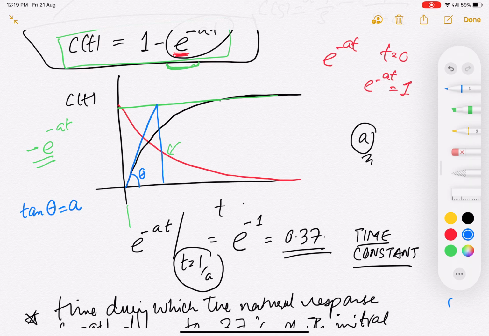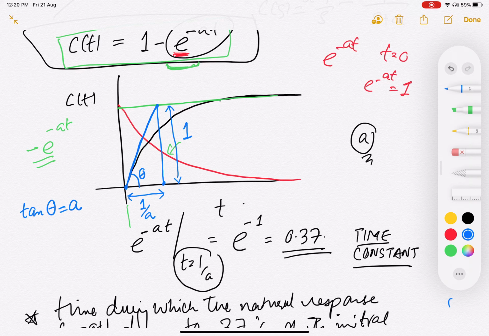Now the perpendicular here, this value is already equal to 1, right? So that means this value, the base here, has to be equal to 1 by a. So what does this imply? This implies that if the rate of increase at t is equal to 0 would have remained unchanged, then the response would have reached the steady state in the time constant, right?